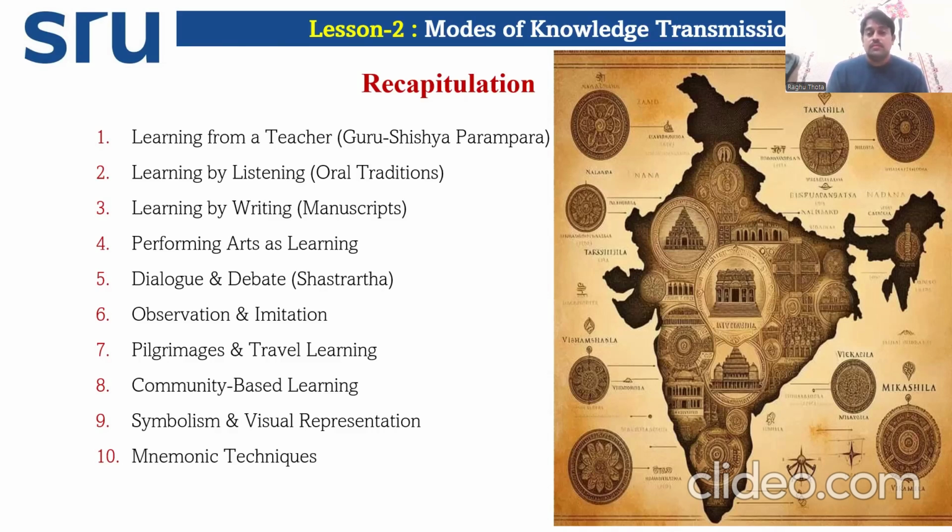Community-based learning is another mode of knowledge transmission. For example, in villages during that time, the elders and leaders, especially at special occasions or festivals, gathered groups of students and the public and taught them what our culture is and how to do the rituals.